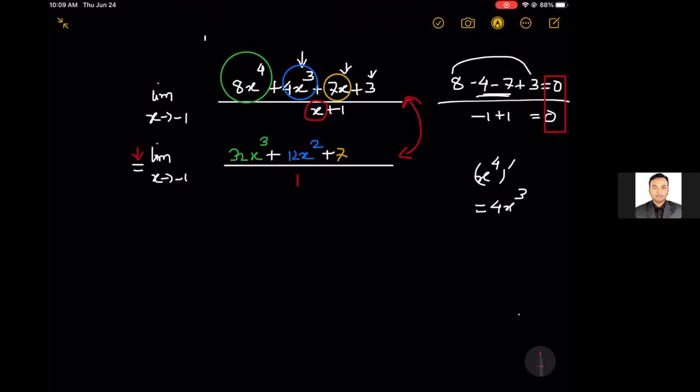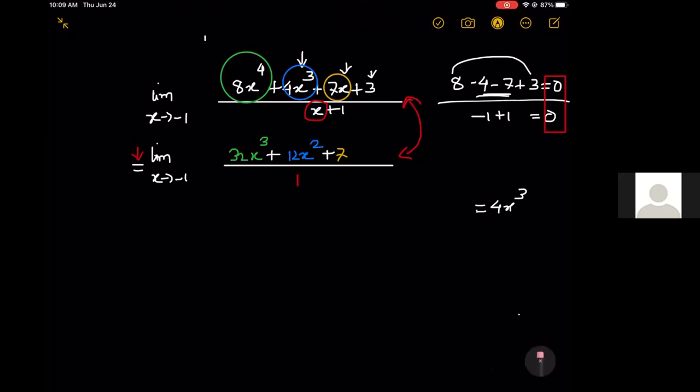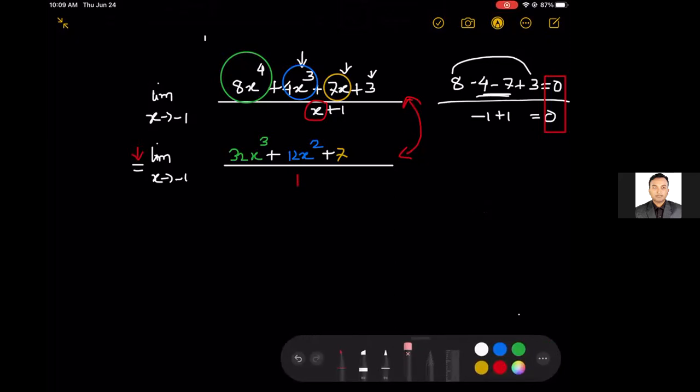Okay, what's the next thing we need to do? We have used the L'Hopital rule successfully. Now what's the next thing we need to do? I did give you a hint when I started this problem. You need to plug -1 into it. Exactly, we need to do it at each step after using the L'Hopital rule.